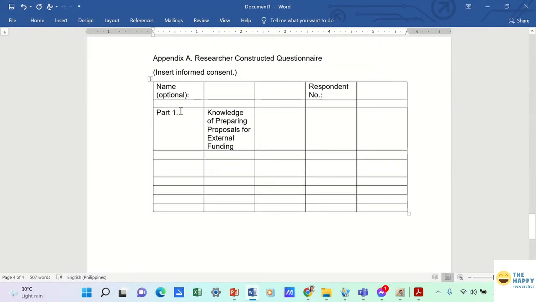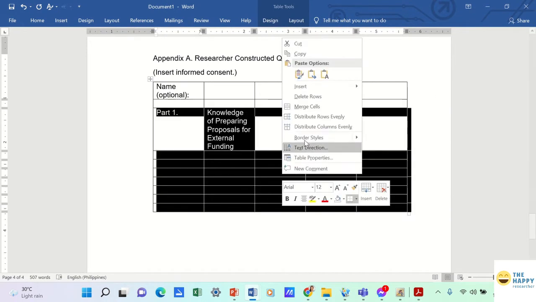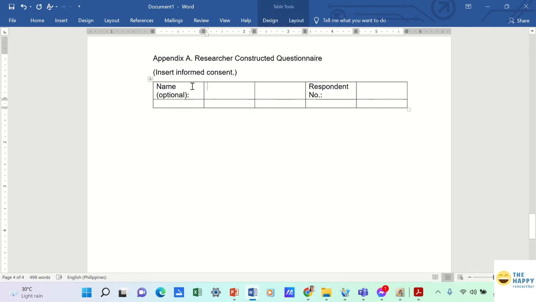So a large part of your descriptive research design is your questionnaire.